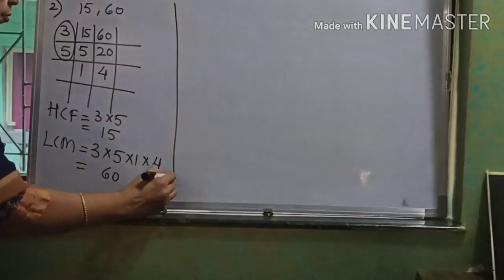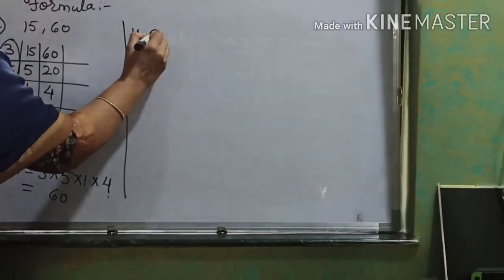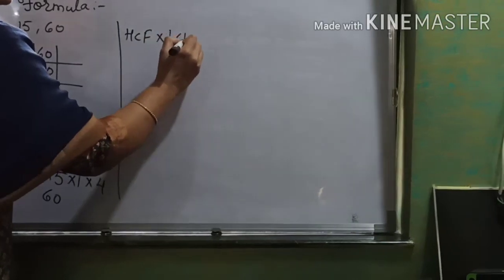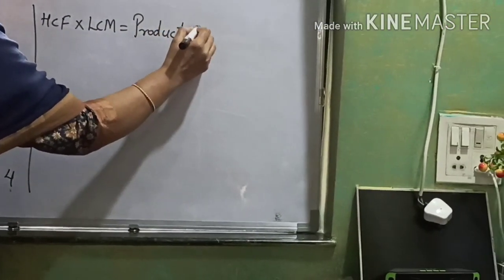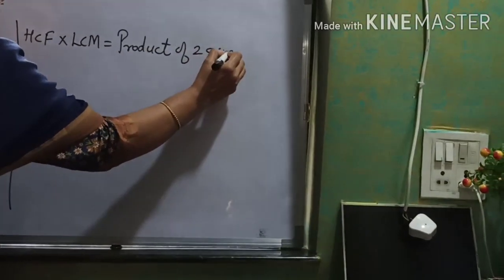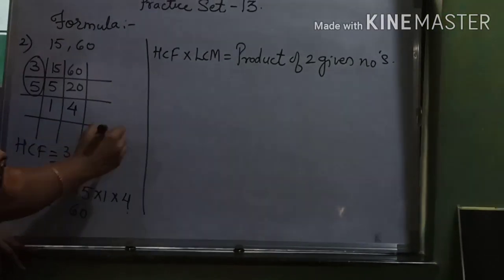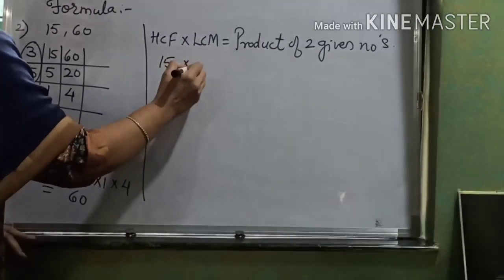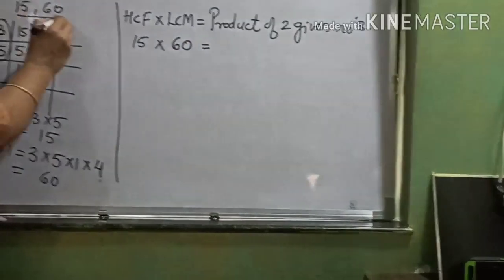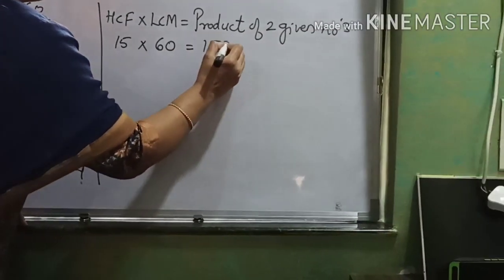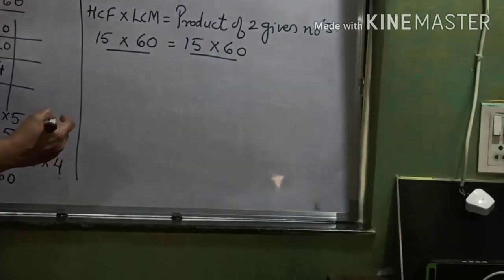Now this we will substitute in the formula. HCF multiplied by LCM is equal to product of two given numbers. Now here HCF is 15 and LCM is 60. And what are the numbers given to us? 15 into 60. So here both the sides they are equal.